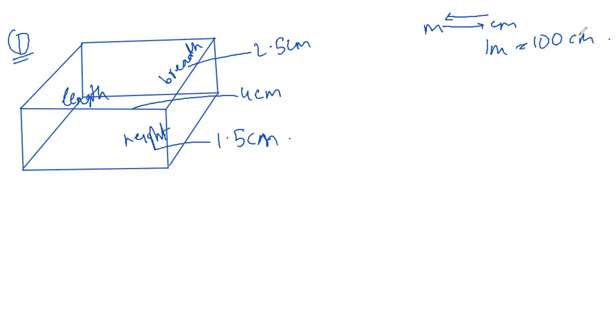But in this question there's no meter and there's the same unit, centimeters, so we'll accordingly solve our first sum. It is telling us to find the volume of a packet containing 12 such boxes.